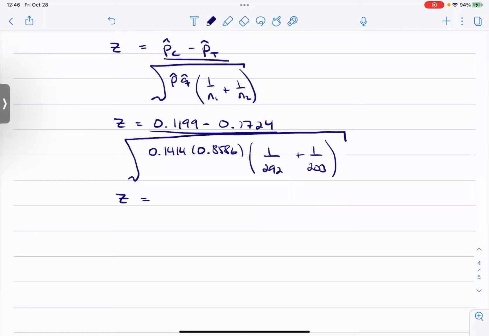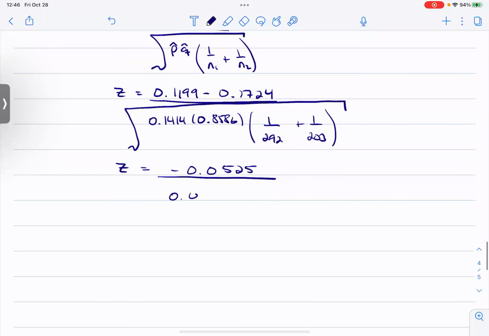All right. Simplified, got the pre-baked version here. Negative 0.0525 divided by 0.031840750993.